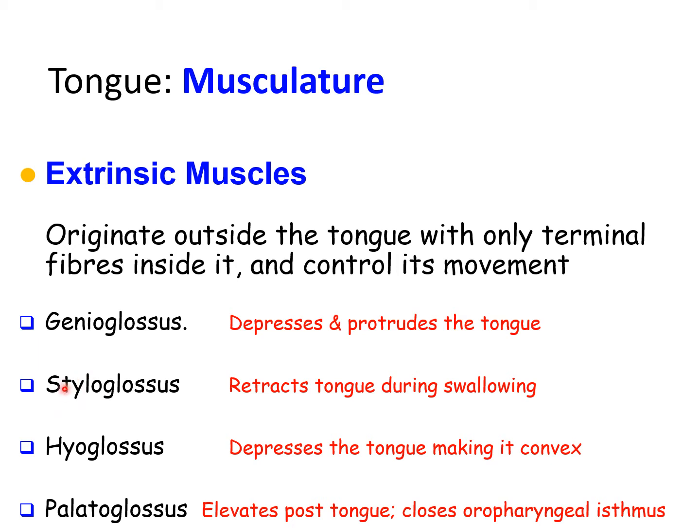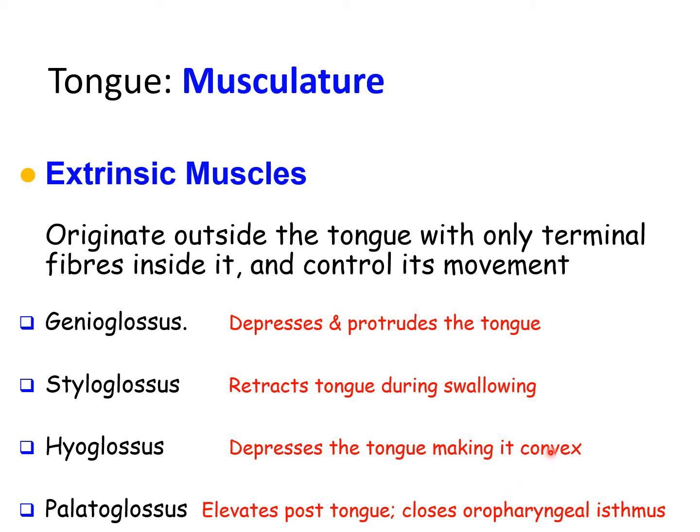The styloglossus originates from the styloid process to be inserted into the tongue, and its function is to pull the tongue back during swallowing. So retraction of the tongue. Hypoglossus originates from the hyoid bone to be inserted into the tongue, and its function is to pull the tongue down, or depression of the tongue, making it convex.